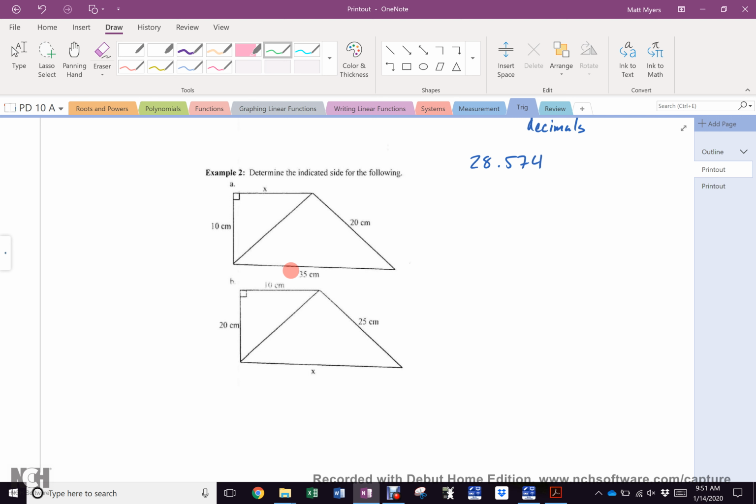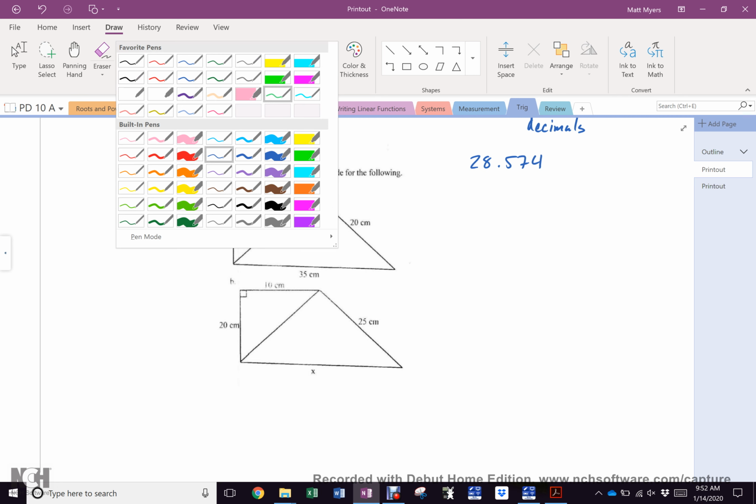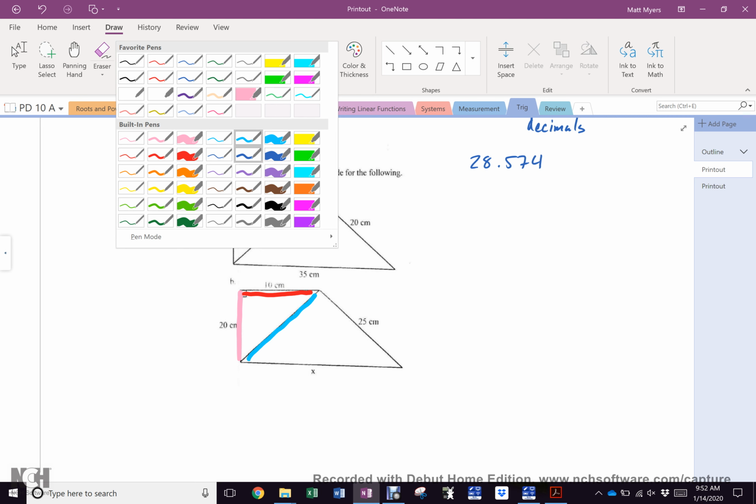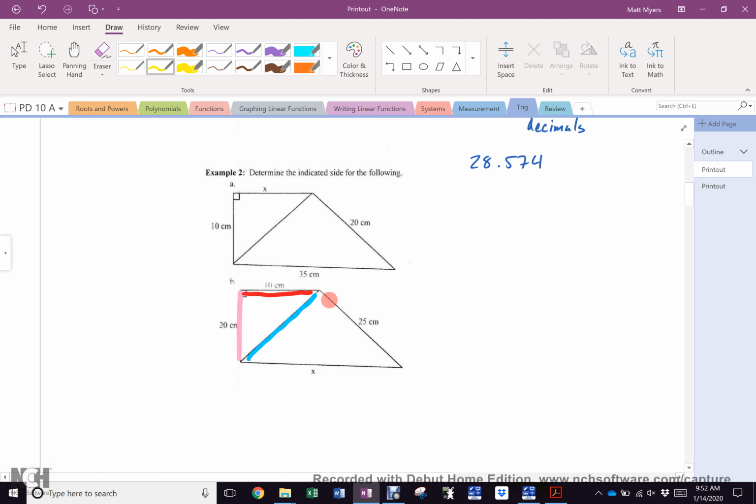Okay, let's put some colors on there. Take 30 seconds while I color it. Now remember, that's enough. Could you do it right now?